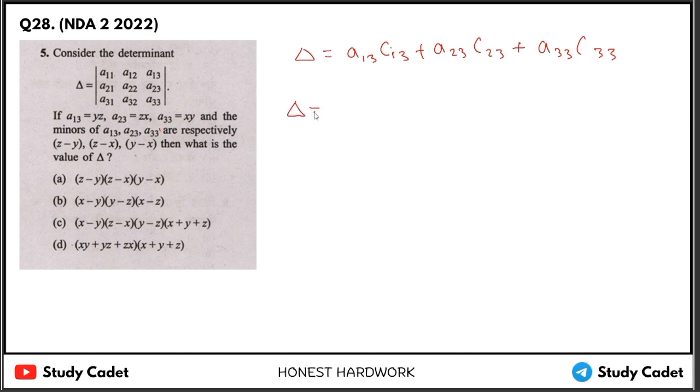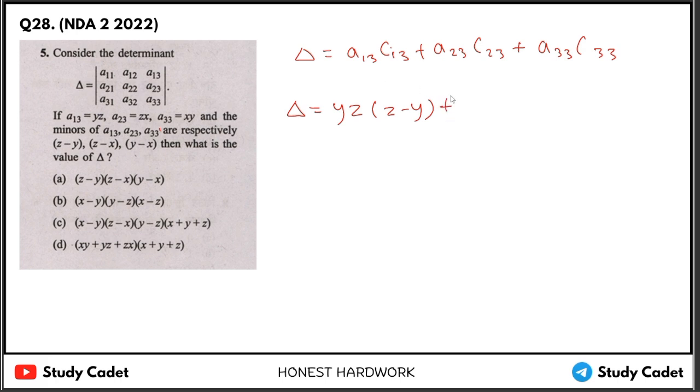A13 is YZ, and the cofactor minor is Z minus Y. The sign will be positive because 1 plus 3 is 4, that is even.